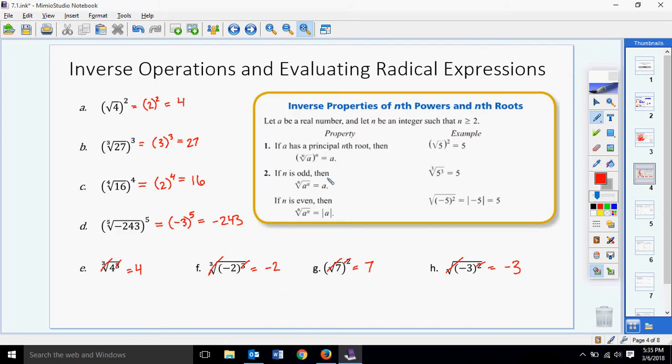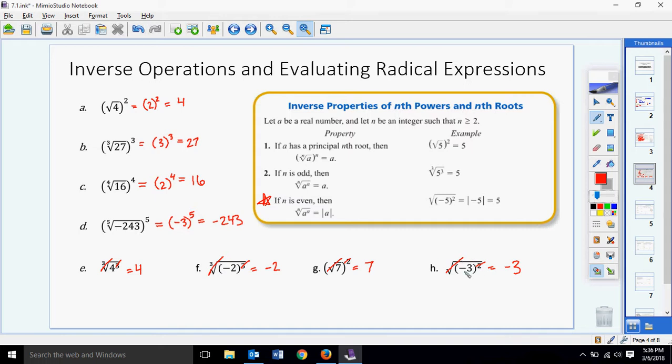Now, I have some inverse properties. The main one that I want you to look at is down here. If n is even, then notice what I have going on here. I have an even index and an even power. So which one of our examples has that?